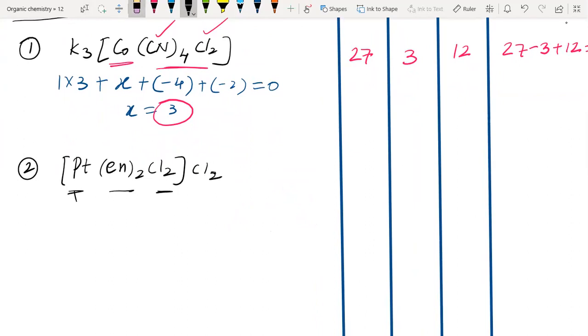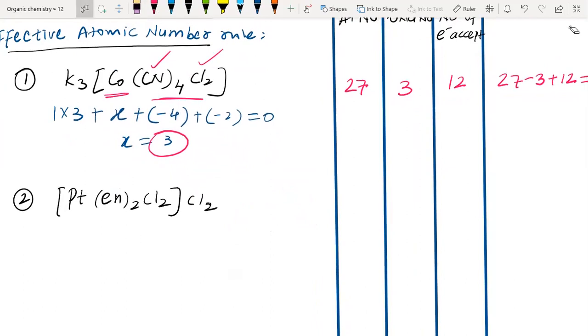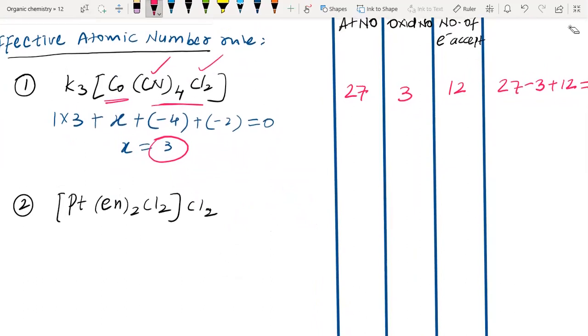Before putting in the values of ZXY, first we'll calculate the oxidation number: x plus en is a neutral molecule, 0, chloride is minus 1 into 2, minus 2, plus here also we put minus 2, equals 0. So the oxidation number which we get is plus 4.